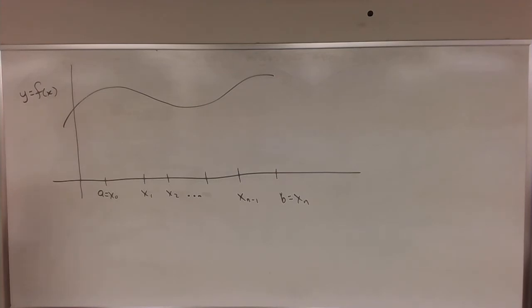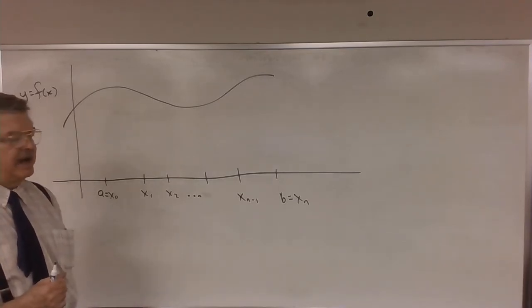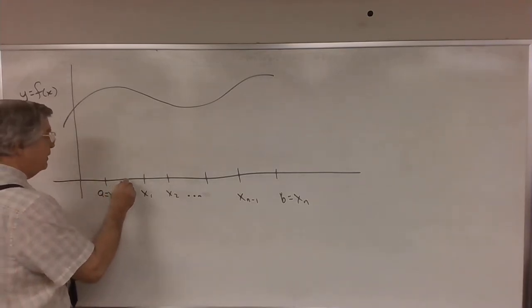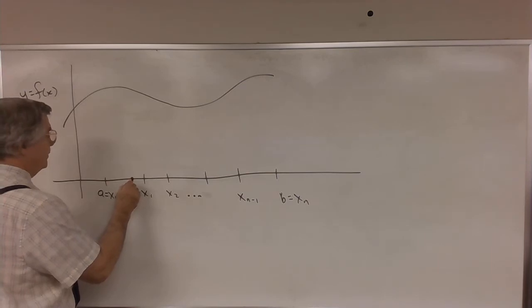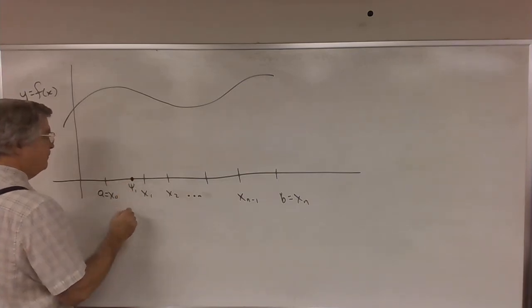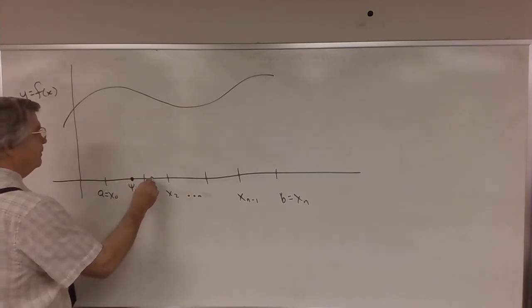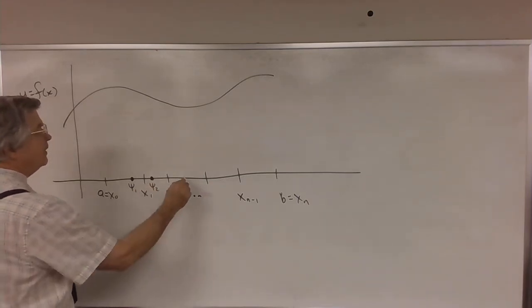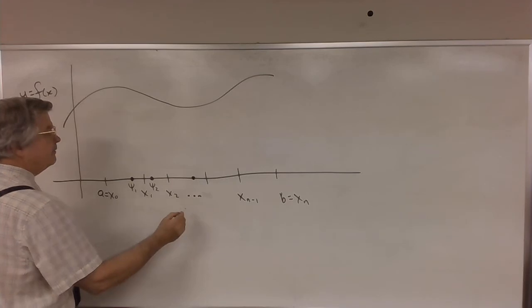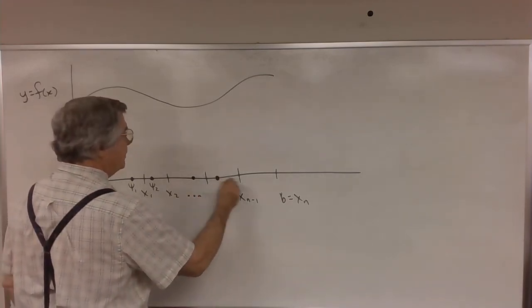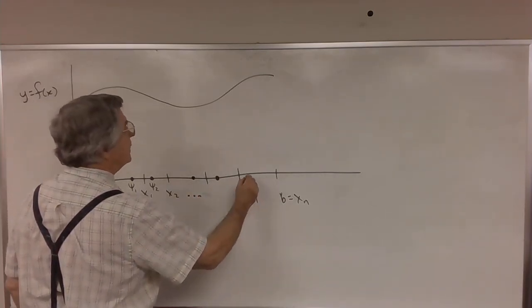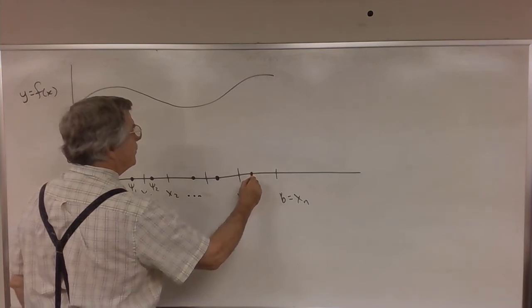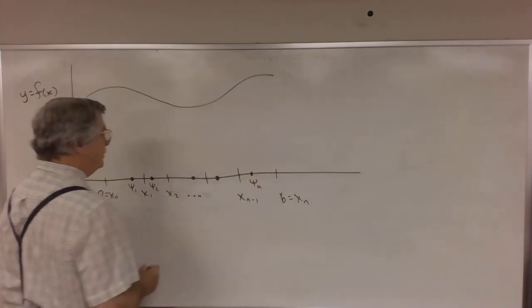And in each of these intervals, we pick a point, psi sub i. So in the first interval, pick a point, psi sub 1. In the second interval, pick a point, call it psi sub 2. And another point, and another point, and then another point in the last interval, psi sub n.